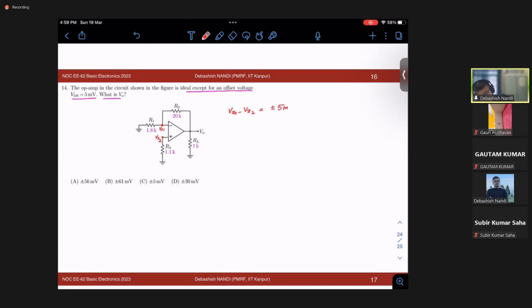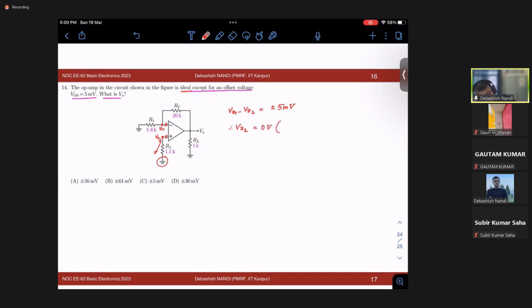The circuit is ideal except for this VOS or offset voltage. That means no current is flowing through this branch. If no current is flowing through this, you can consider it to be grounded. This ground terminal is simply connected to this, right? So at Vx2 0 volt, then your Vx1 would be plus minus 5 millivolt.